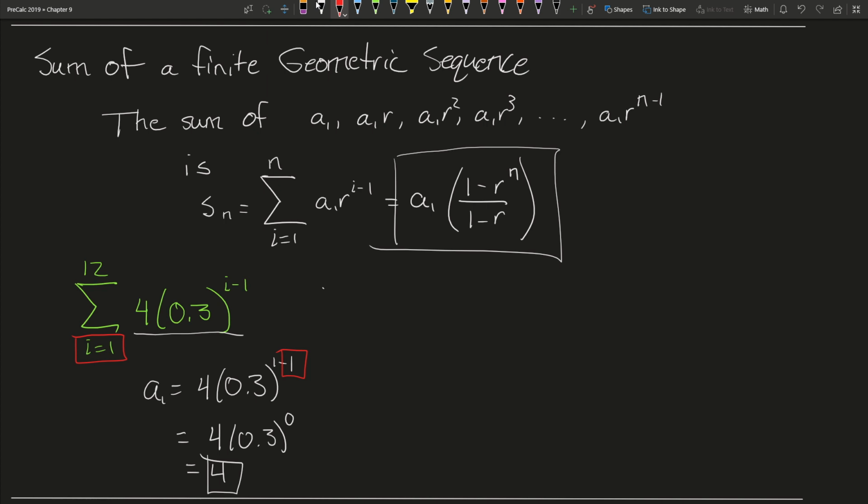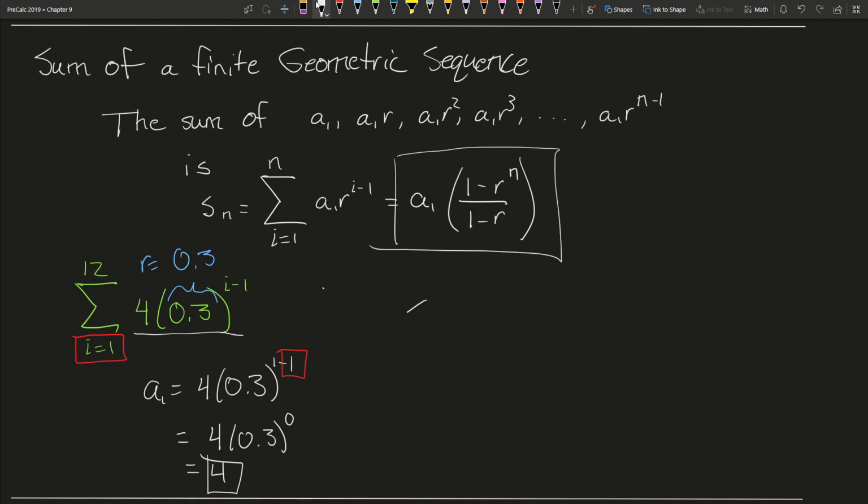All right. After we find the first term, then we just plug in everything we know. And I guess we can find our common ratio first. So our common ratio is 0.3. And then we can plug in all those numbers. So we have A1, we have r.